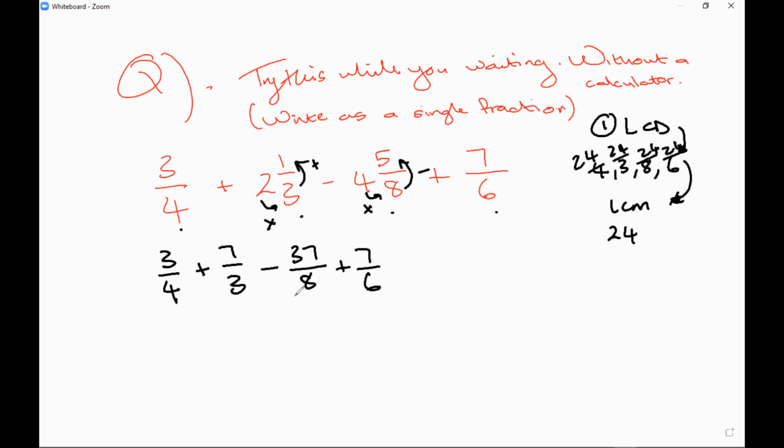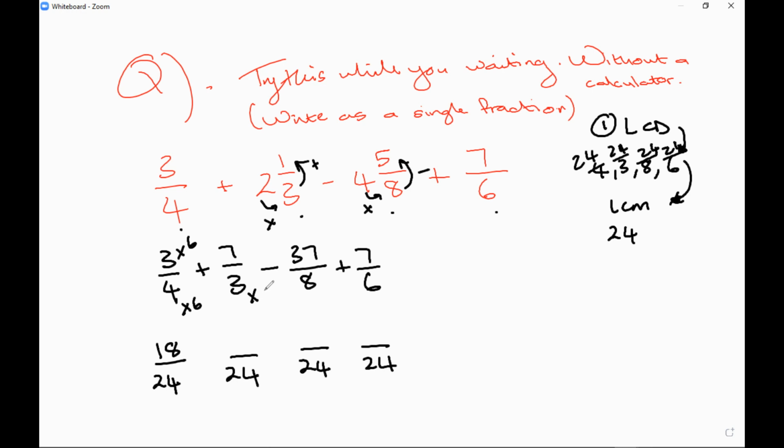And now from here, what I've got is 24 as my common denominator. So I want to get every single fraction over 24. So I'm going to multiply this by 6 at the top and at the bottom.